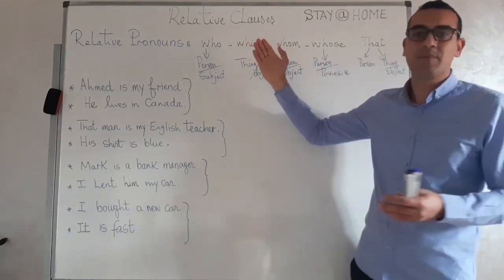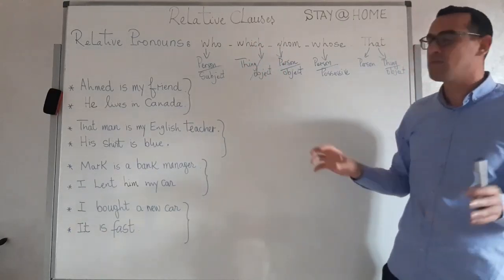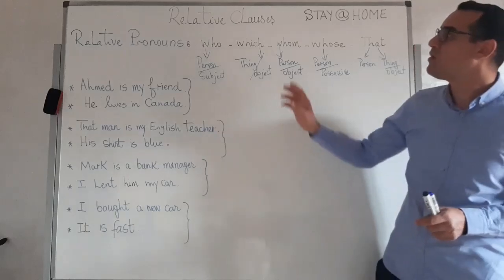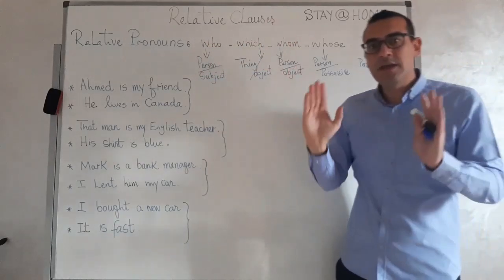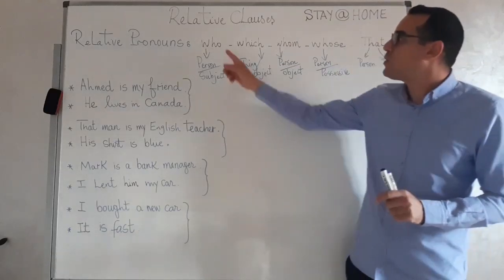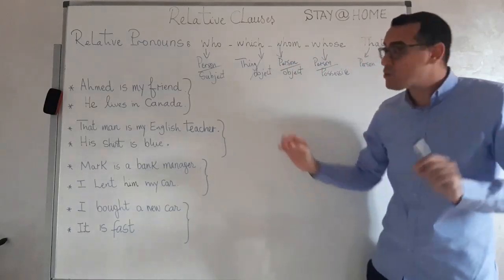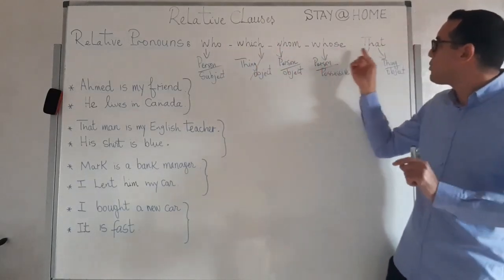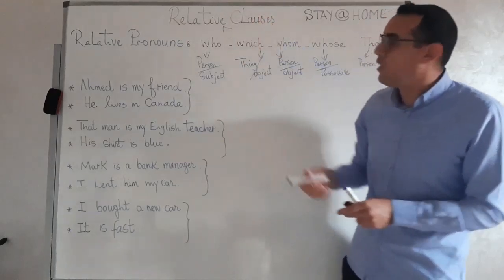When we say a clause, it simply means a sentence, though there is some slight difference between a clause and a sentence. I will not go into these details here. Relative clauses are any clauses that start with one of these pronouns. A sentence which starts with one of these relative pronouns is called a relative clause.